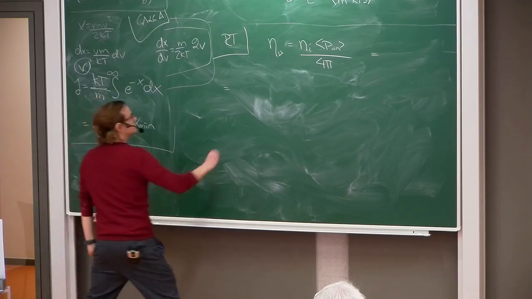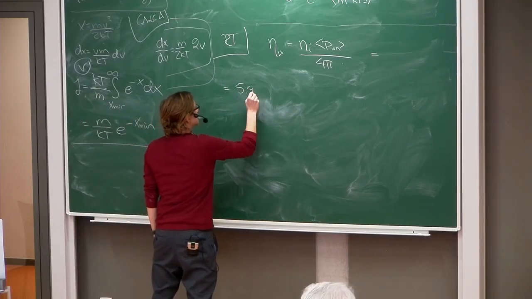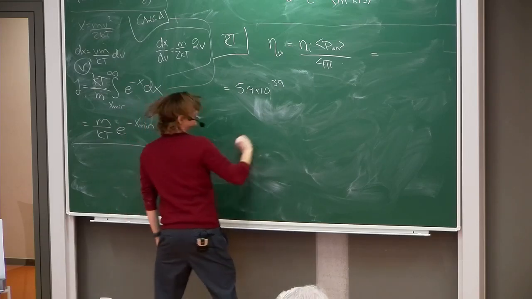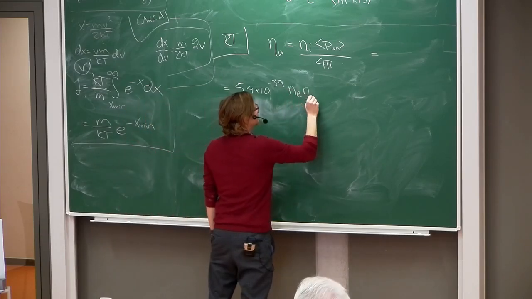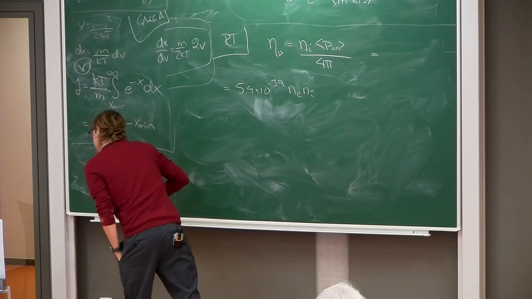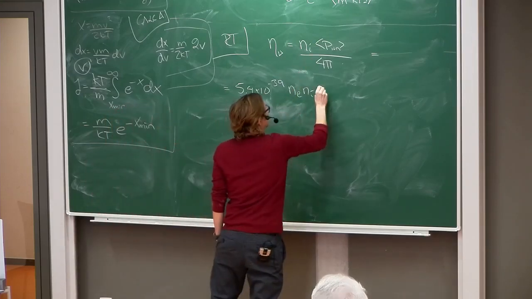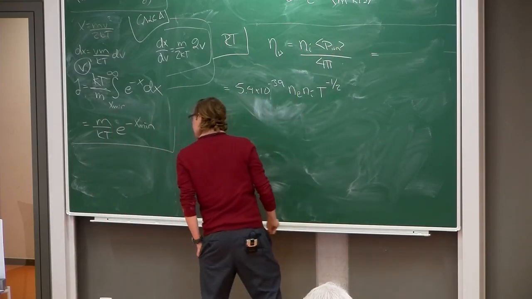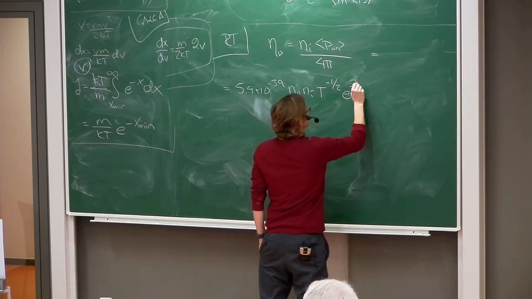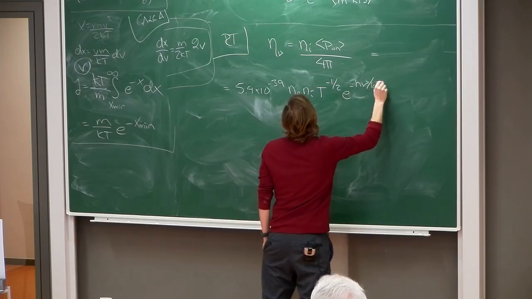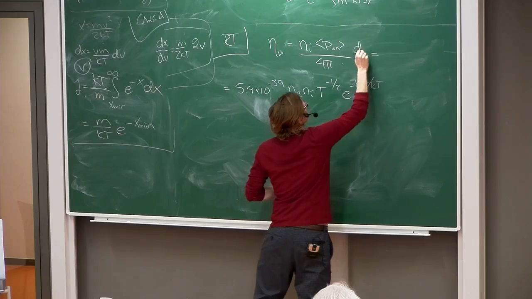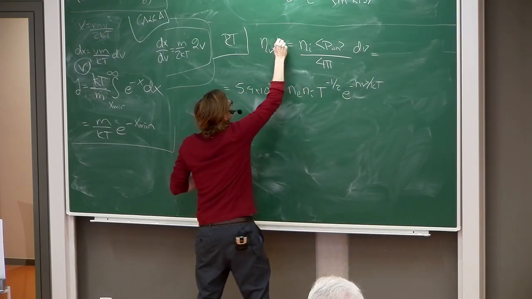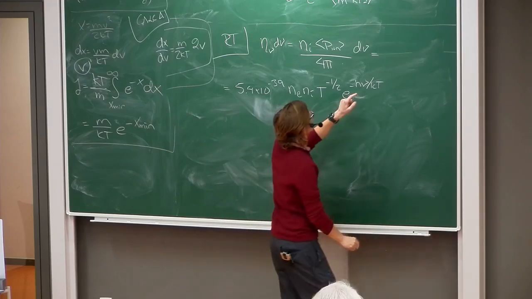That is 5.4 times 10 to the minus 39, n_e n_i T to the minus 1/2, which you see from there, right? e to the minus h nu over kT, and really this should of course be like this if we're going to be technically correct, because it's in the cosine integral.